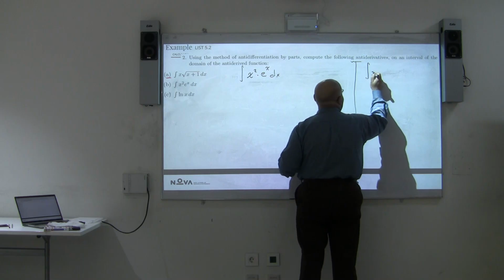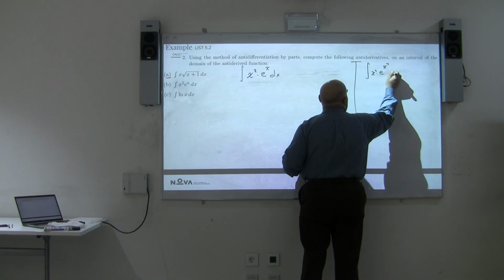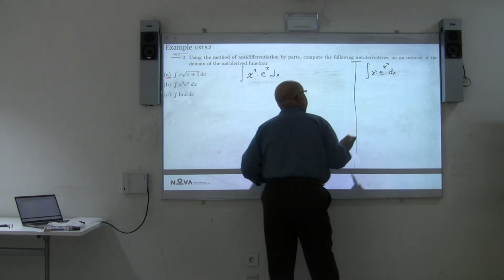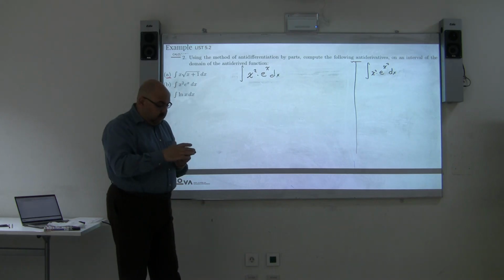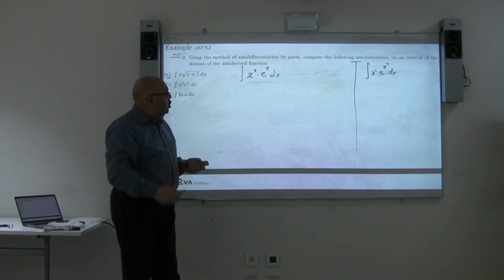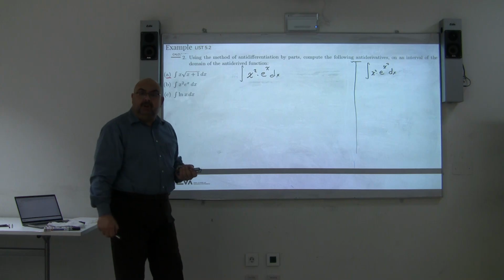The integration of x squared times e to the power of x cubed. Which one of them is easier to deal with? If you take just a moment and look at these two functions, I'm dealing with an exponential function times a polynomial function.